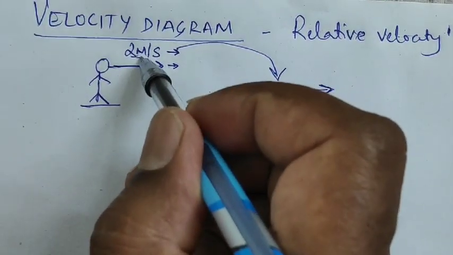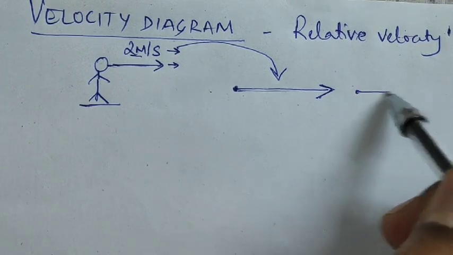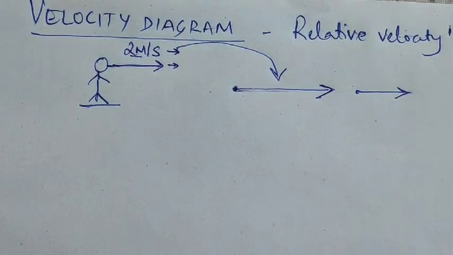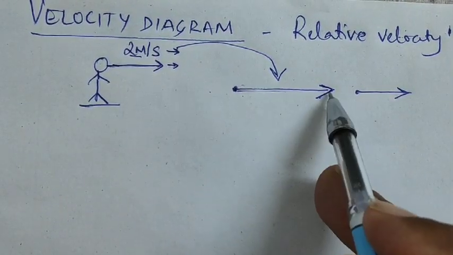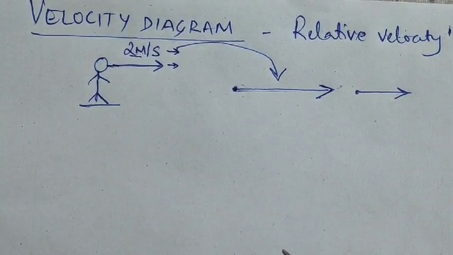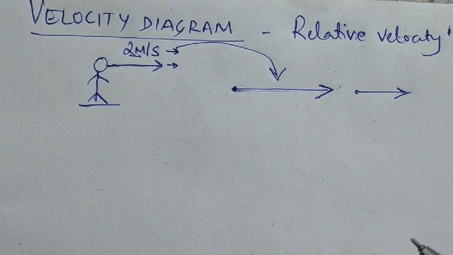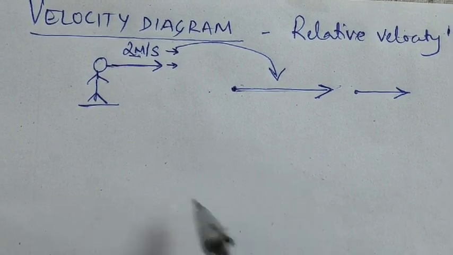And instead of moving at 2 meters per second, if he is moving at 1 meter per second, the length of the arrow would be exactly half of this size. So we can draw these arrows proportional to the magnitude of the velocity.